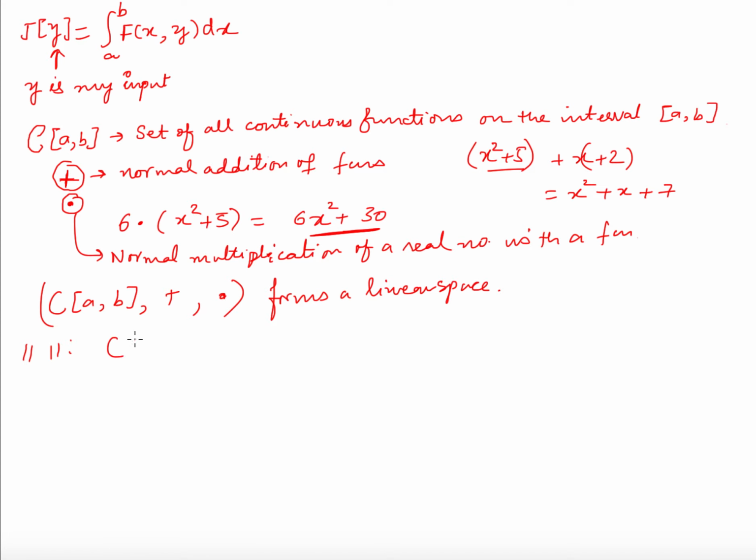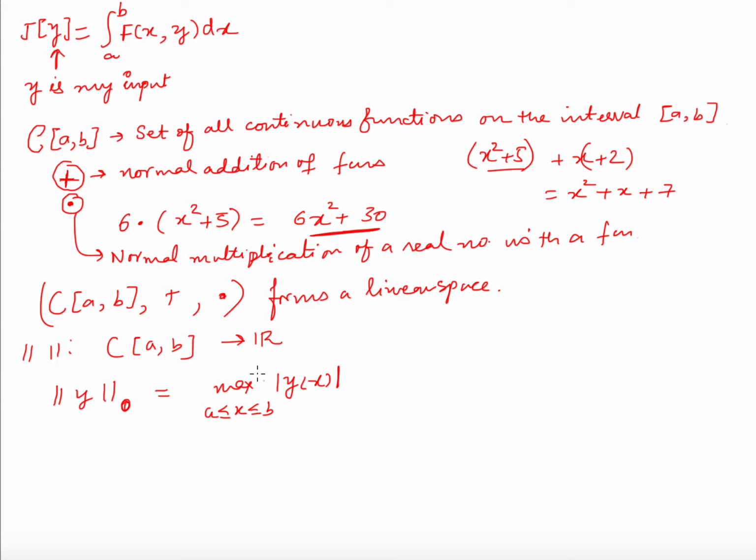For that, I should have a map from this set C[a, b] to R. How I'm defining that map is, for any element y of this set of functions, I'm defining a norm. I'll define it like this: the norm of y is equal to the maximum of |y(x)|. Here y(x) is a real number for a particular value of x, and I take the mod.